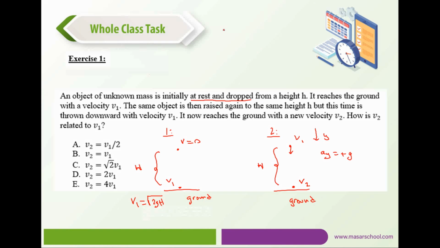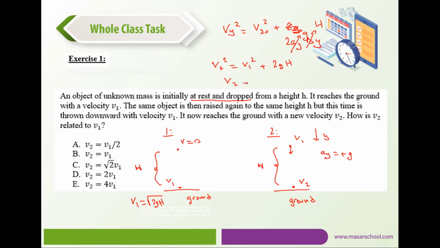So in this case we're gonna use the equation vy square is vy0 square plus 2ay delta y. Now delta y is the displacement, which is capital H, and the acceleration would be g. Now vy square, v2 square, is equal to v1 square plus 2gH.